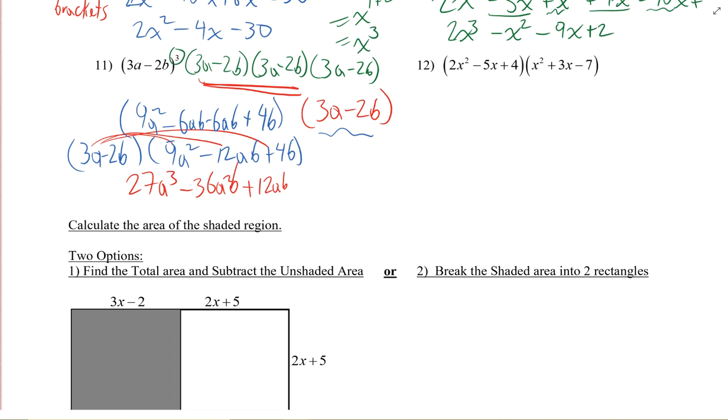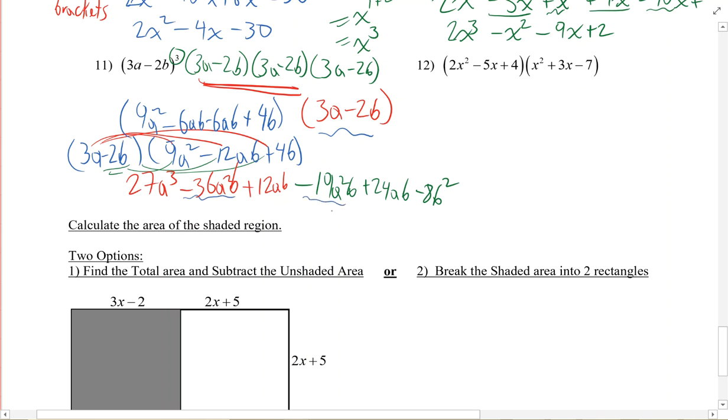Good, then I'm going to do the minus 2b, multiply it in, and get minus 18a squared b plus 24ab minus 8b squared. So I can collect like terms, but I've got to really watch the exponents. I can collect these guys here, negative 36 and negative 18. Those are going to get quite large.